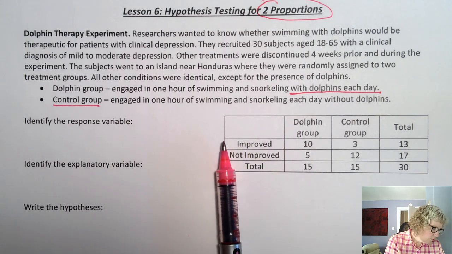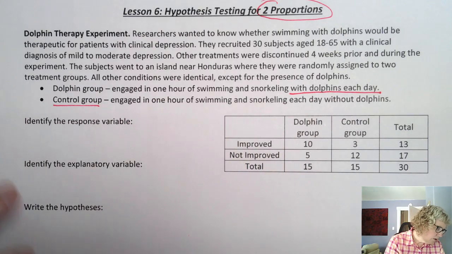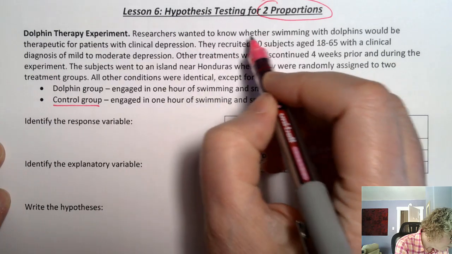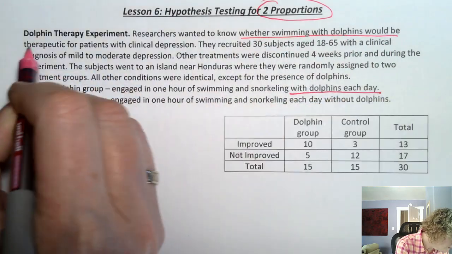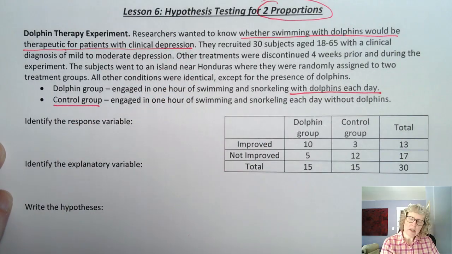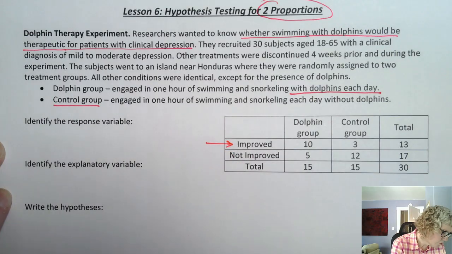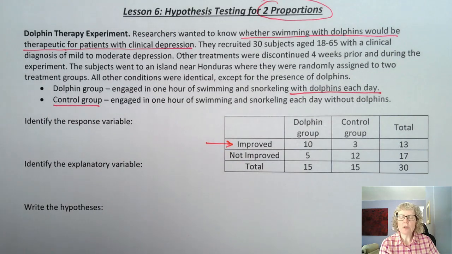Okay, so it looks like we want to know whether, let me underline it here, whether swimming with dolphins would be therapeutic for patients with clinical depression, okay? So it seems like we'd probably want to be interested in whether they improved or not, right? We could also do not improve, but a little more direct, go to improved.